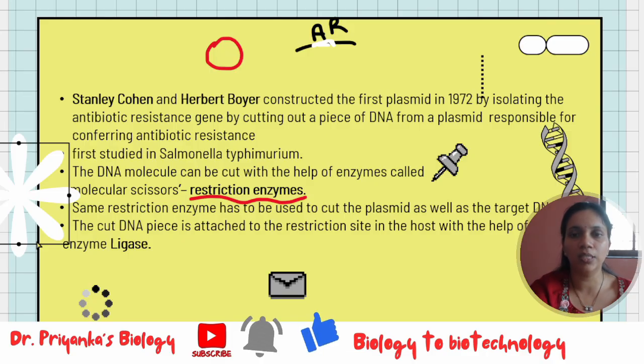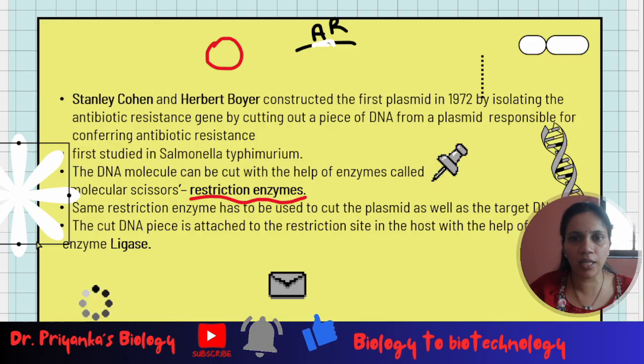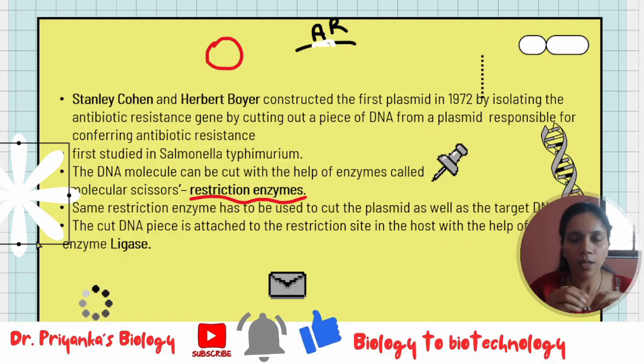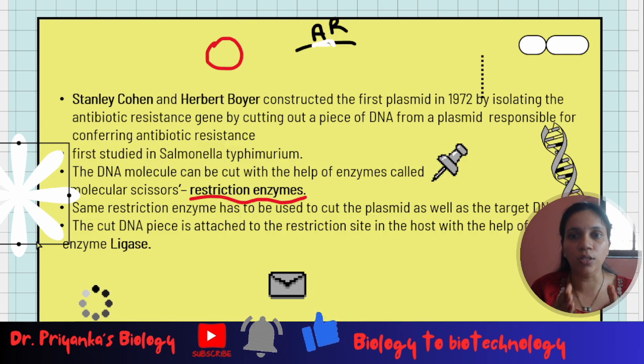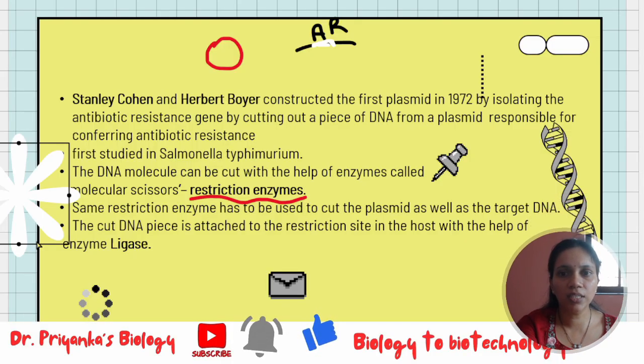Point number two is that they have a specific area. If I have a big piece of DNA, it is not necessary for a specific restriction enzyme to cut each and every part of that DNA. It is dependent on the sequence present on that DNA. It has to recognize a particular section, a particular sequence, and then only it is going to produce a cut. So that is the specificity of your restriction enzyme.